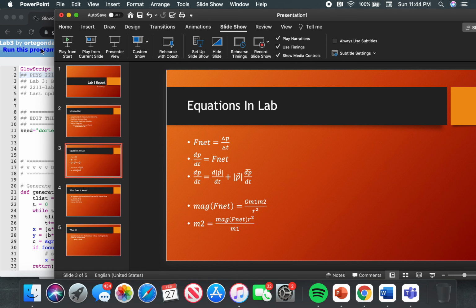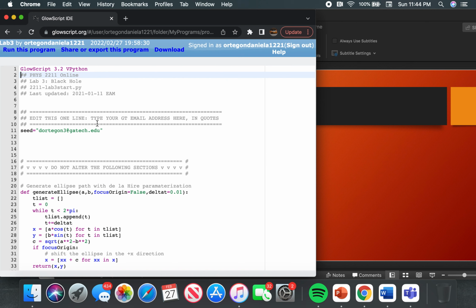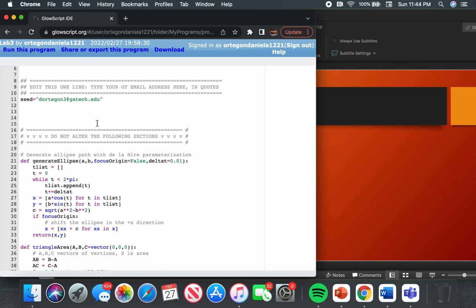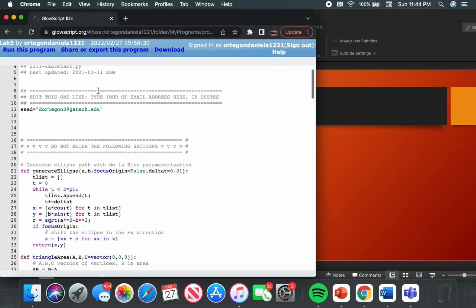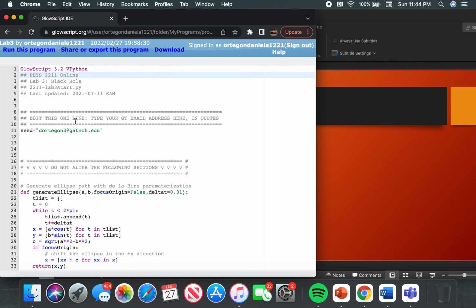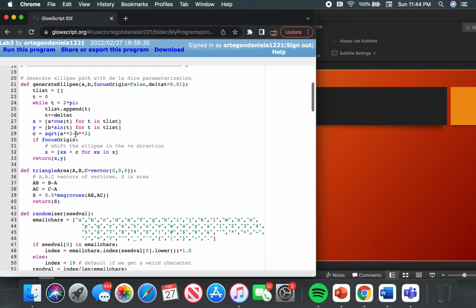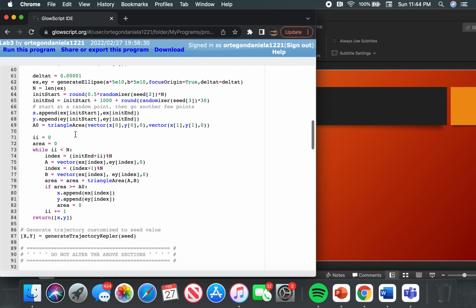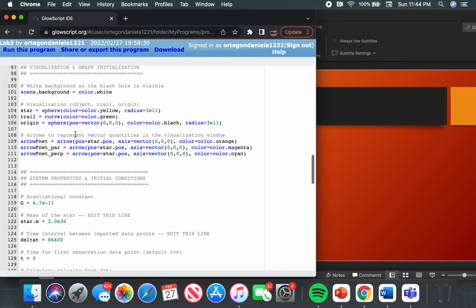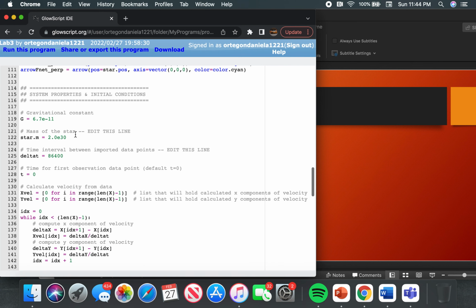So looking at part 1 of the lab, we're going to use my GT email right here in line 11. We're going to edit in the mass of the star.